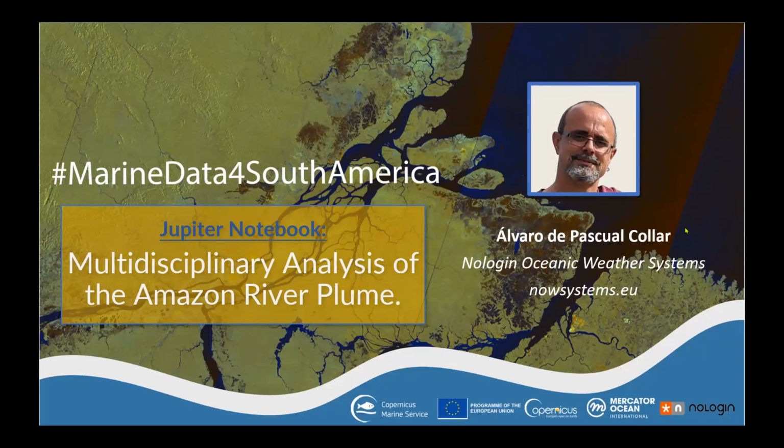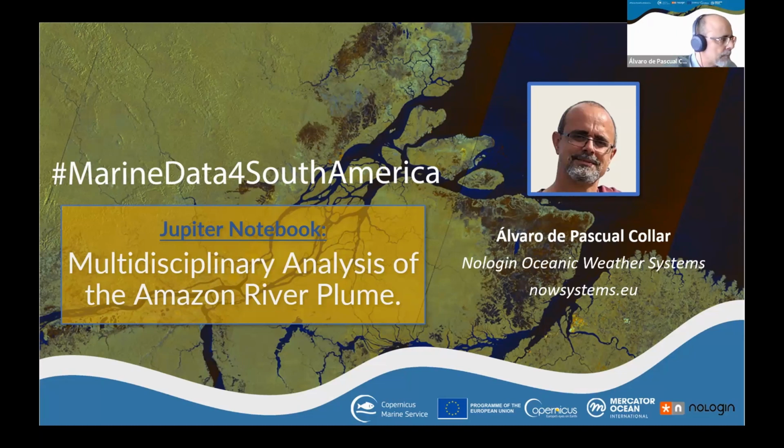Yes, yes. Well, here I'm going to present the Jupyter notebook we have proposed for this workshop. In this tutorial, we are going to make a multidisciplinary analysis of the Amazon River plume.